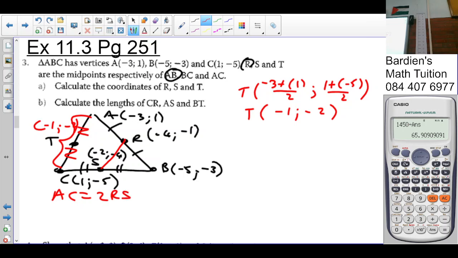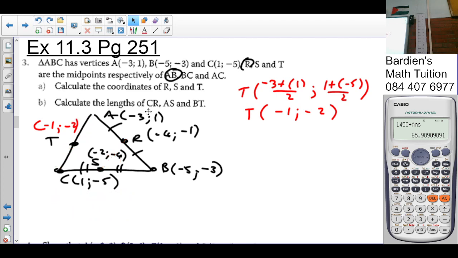Not so? Why? Because this is the midpoint that's connected. What else can we say? That RS is parallel to AC. Why? You have the midpoint here. Okay, and many other things you could have done. From that information we can conclude the midpoint. But that wasn't the question. No?